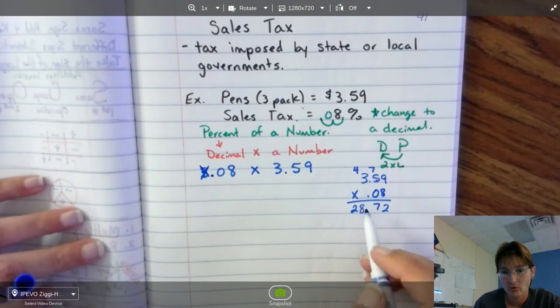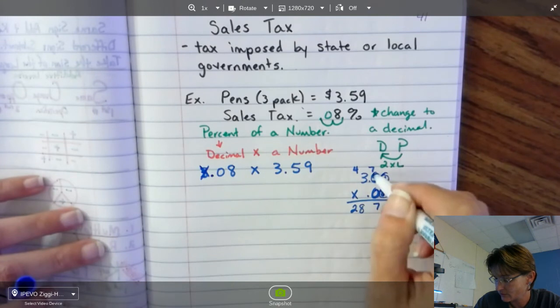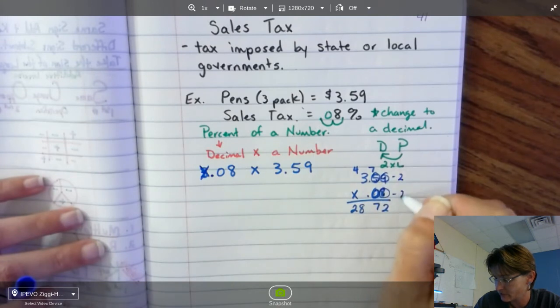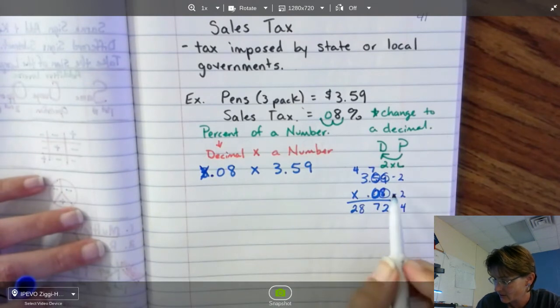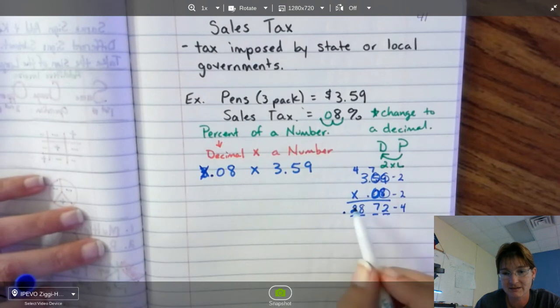All right, so we have 4 decimal places. 1, 2, 3, 4: 2 in the first number, 2 in the second, so I need 4 in my answer. 1, 2, 3, 4, and that's where we place the decimal. So the sales tax, which is 0.08 of $3.59, is 0.2872.